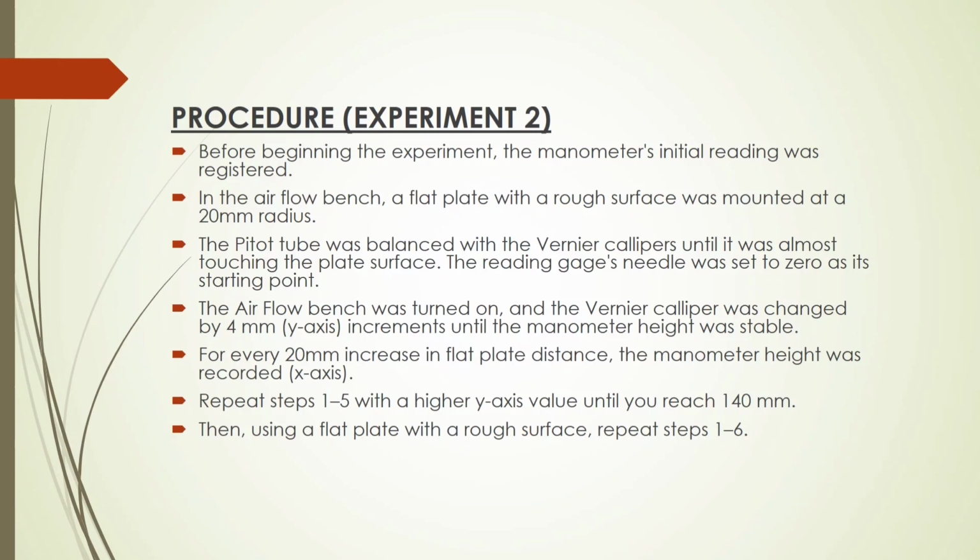Then we need to repeat steps 1 to 5 with a higher y-axis value until we reach 140 mm. And then lastly, using a flat plate with a rough surface, we need to repeat step 1 until step 6.